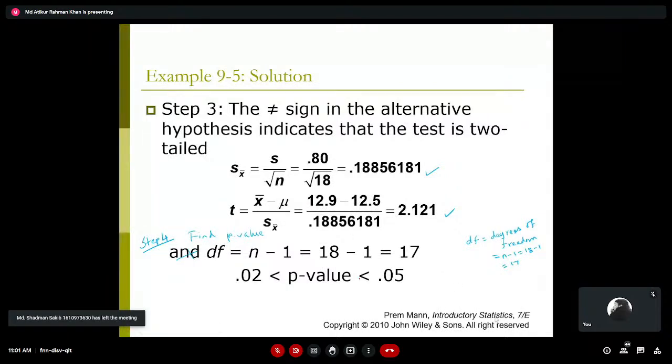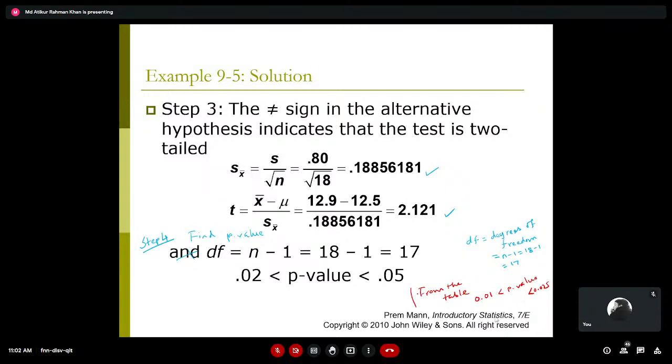So from the right tail, we found from the table that 0.01 is less than the p-value, which is less than 0.025. Okay, that is for the right tail.